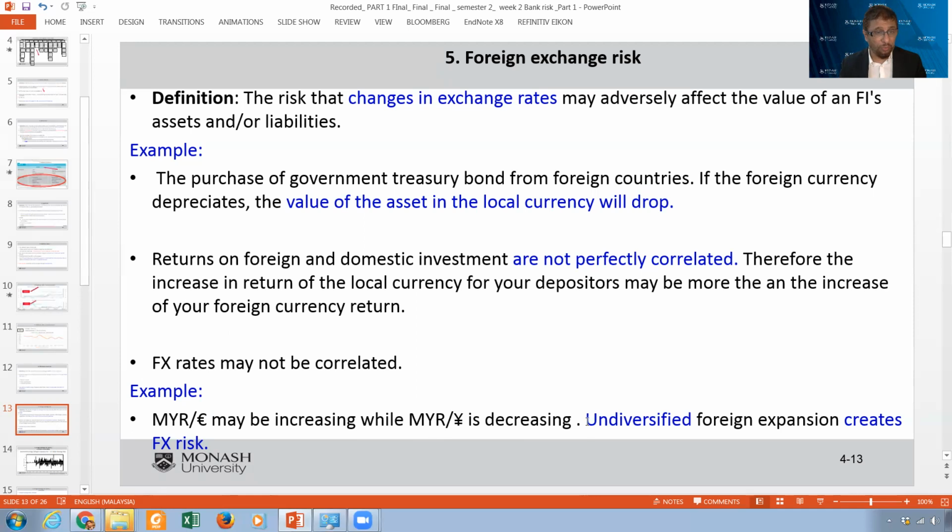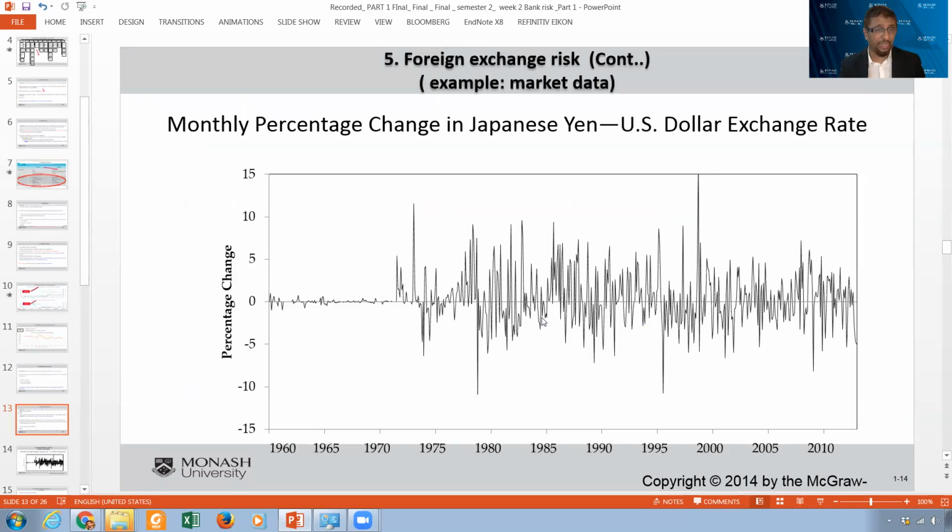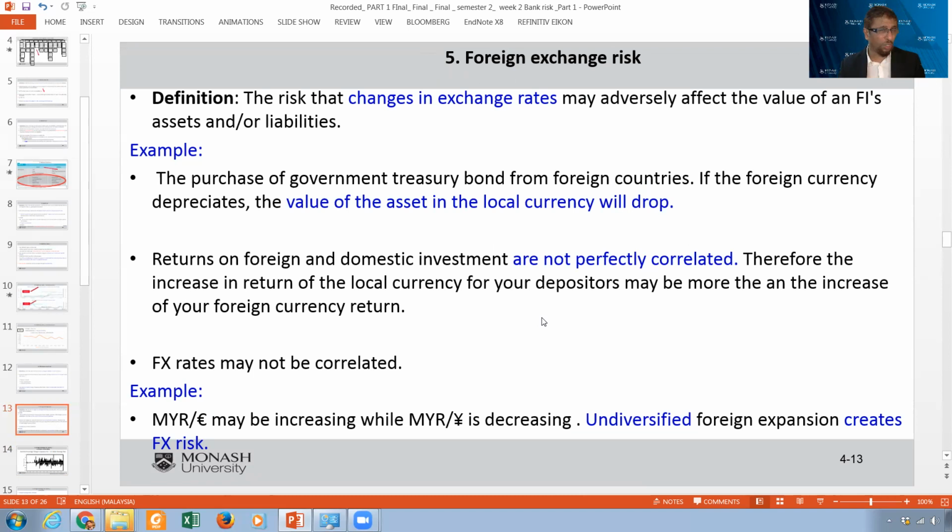If you are not diversifying your investment in foreign currency in a very clever way, that will create a problem. This is the issue of foreign currency, which we are not covering deeply in this class.